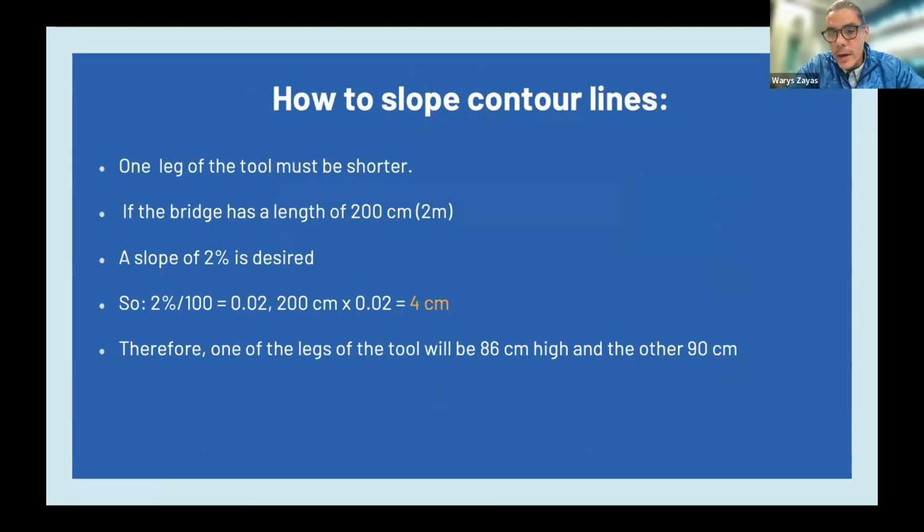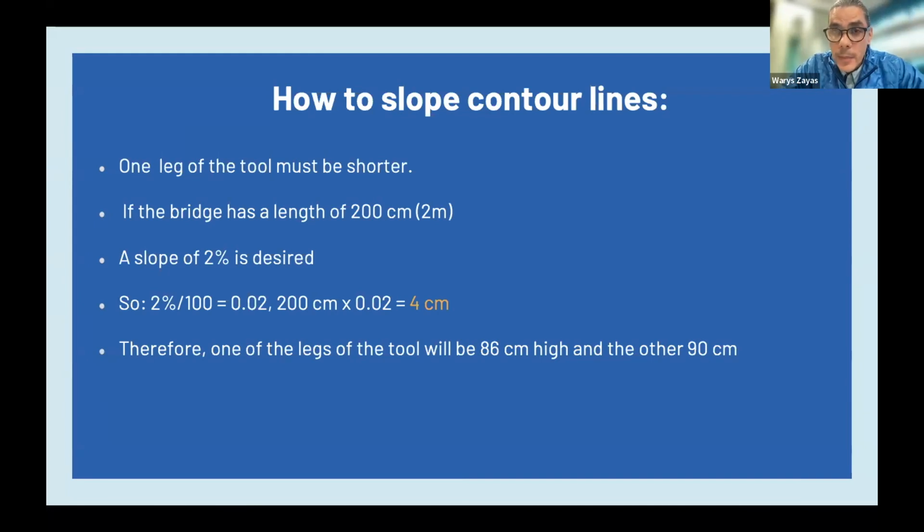So if you want to change those measures to inches, you just need to divide the centimeters by 2.54, and we do have the results in inches. Okay. Is there any question about how to adjust those tools to give slopes in our lines?